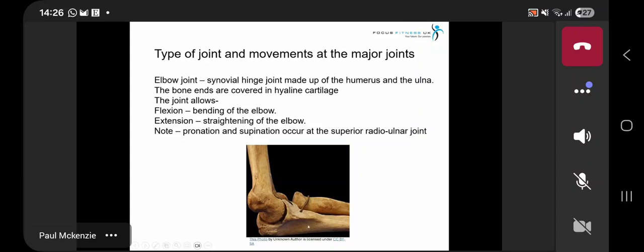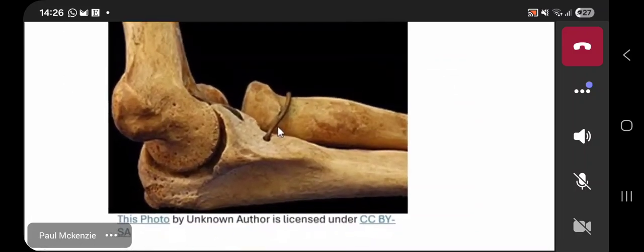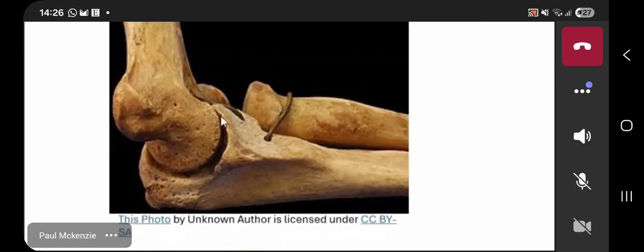This here. Okay. This is the ulna and radius. So it's the joint between the radius and the ulna, called the radio-ulnar joint. This is where we actually get pronation and supination. It doesn't occur here. It's just flexion and extension here between the humerus and the ulna, but we have pronation and supination between the radius and the ulna.